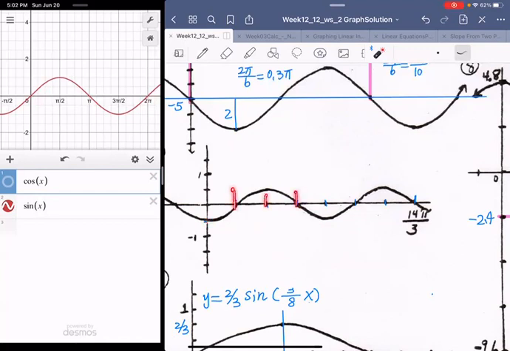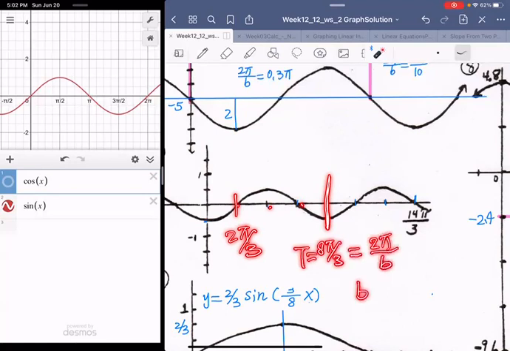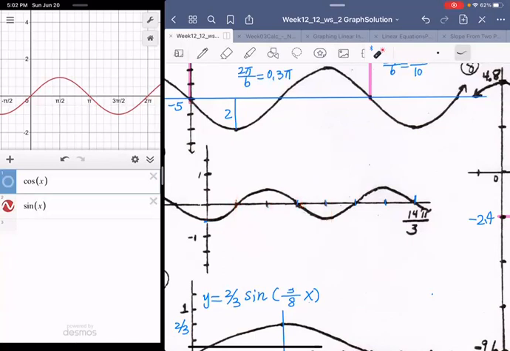You want to count how many bars are here. That first bar is 2 pi over 3. You have 7 of them. So how much is here? 8 pi over 3. 8 pi over 3 is your T. That always equals 2 pi over b. b equals 3 over 4. So your final answer is? -1/2 cosine, parentheses 3 over 4x. That's good. Very good. Perfect answer.